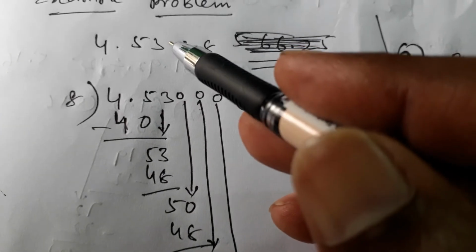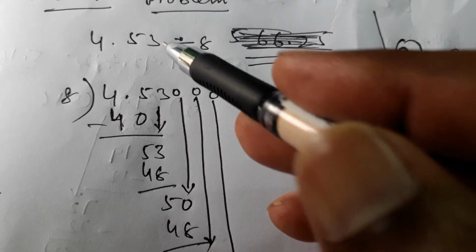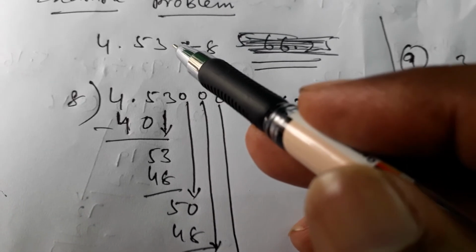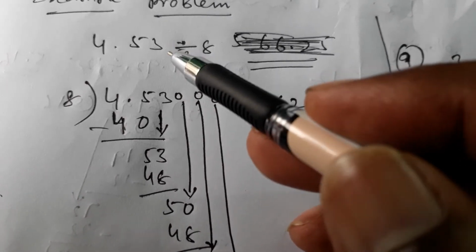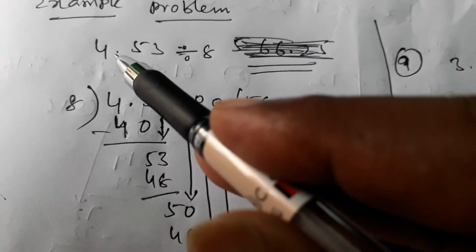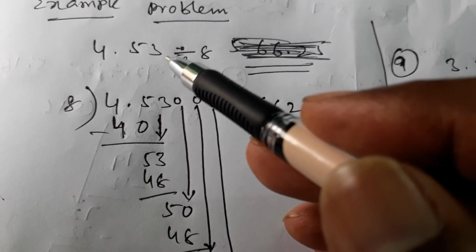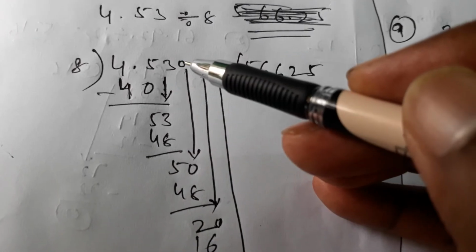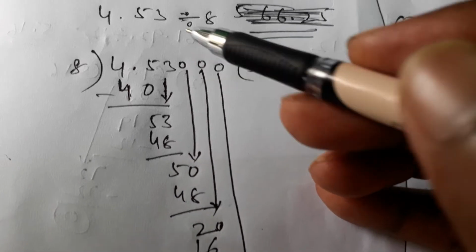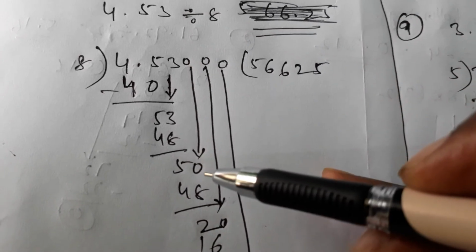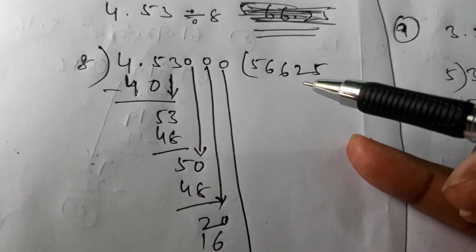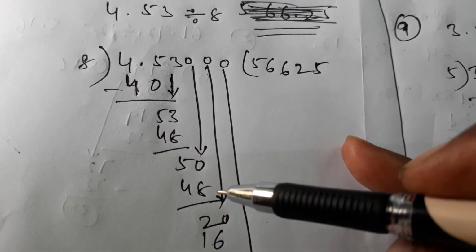Now there is no decimal digit to take down. In case there is none, you can take zeros, as many zeros as you want. After the decimal, at the end of the decimal, you can take many zeros if required. Here, take down 0. Now in 50, how many times? 8 sixes are 48 again.